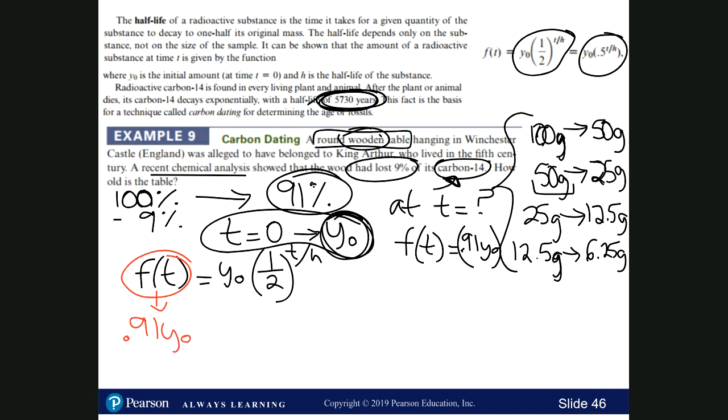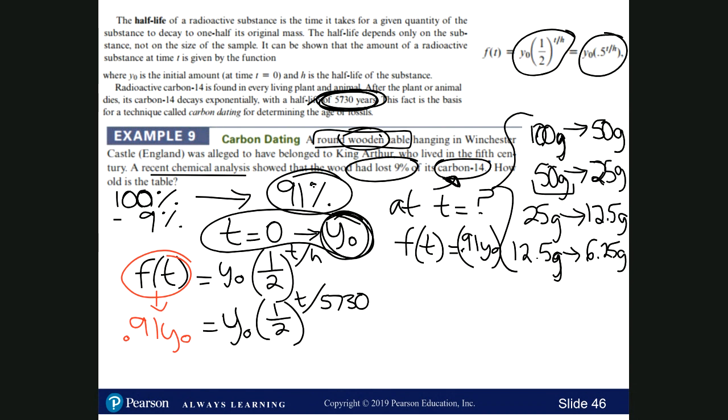Now, on the right side, we have y sub 0 times 1/2 to the power t, which is what we're looking for, over h, which is the half-life, 5,730. So now we're going to solve the equation.